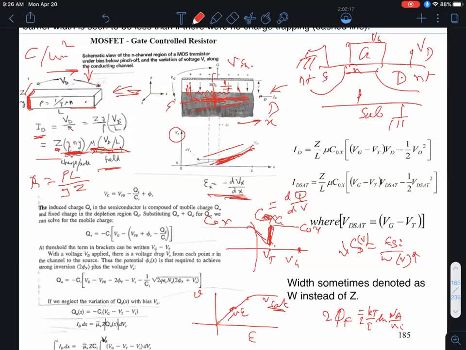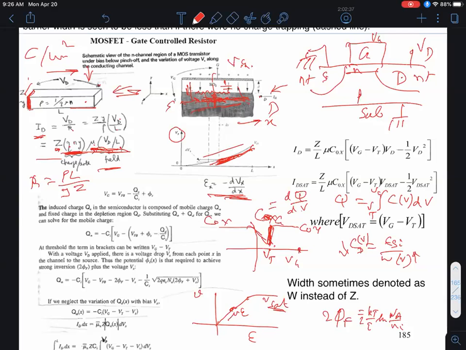So if that's the case, and I have a voltage dependent oxide gate capacitance, I can integrate both sides. So now inversion charge would be nothing but the voltage dependent capacitance times dV, integrated from VT to whatever the gate voltage is.